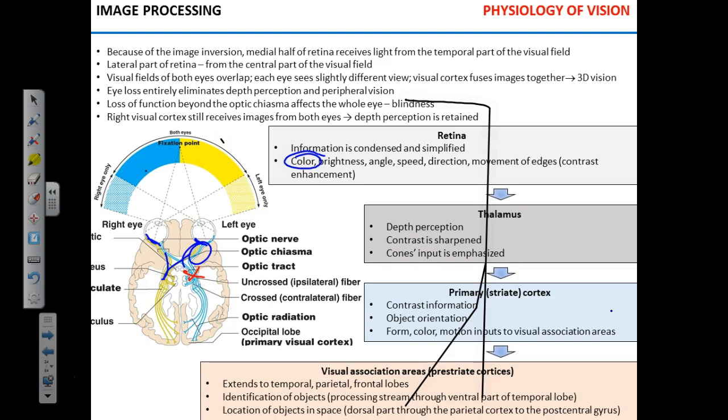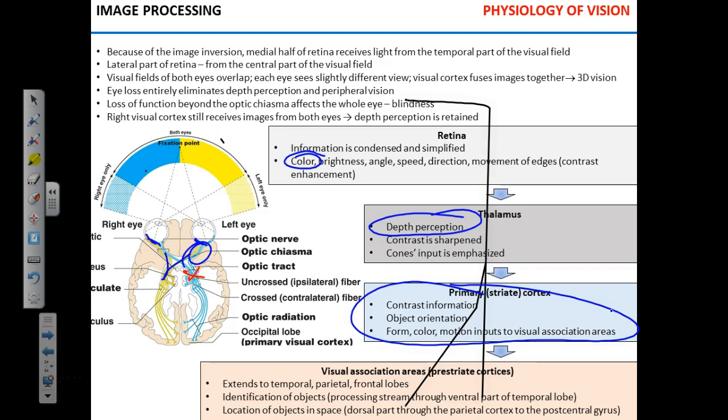And then the thalamus is responsible for the visual fields overlapping and depth perception. It also increases the contrast and emphasizes the input of cones if there is any. The primary cortex determines in which way the object is, upside down, downside up.